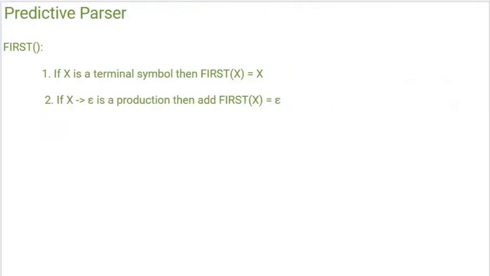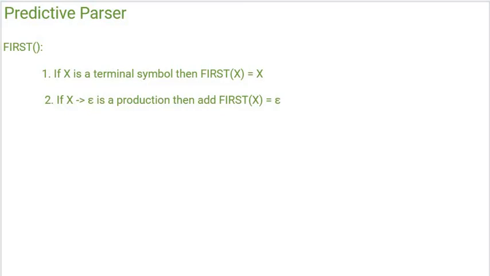The next point is if we have a production like x tends to epsilon and we are finding the first of x, then first of x will also contain epsilon in it.